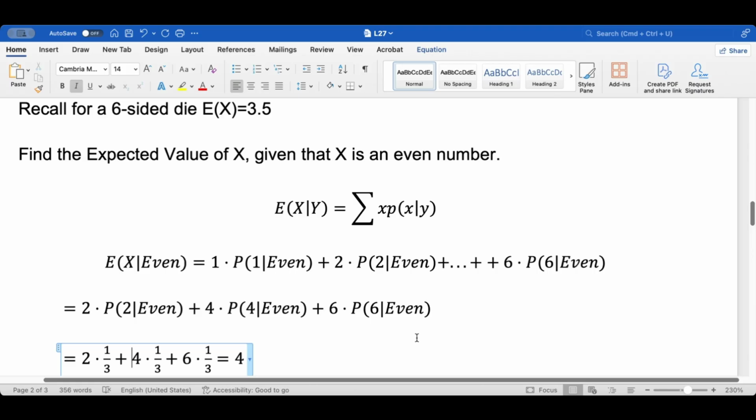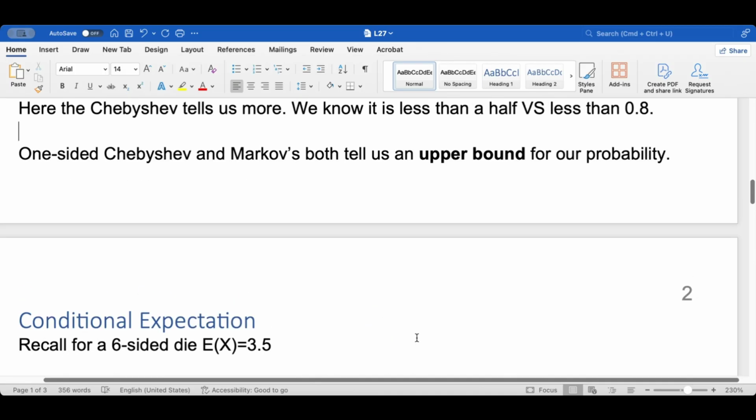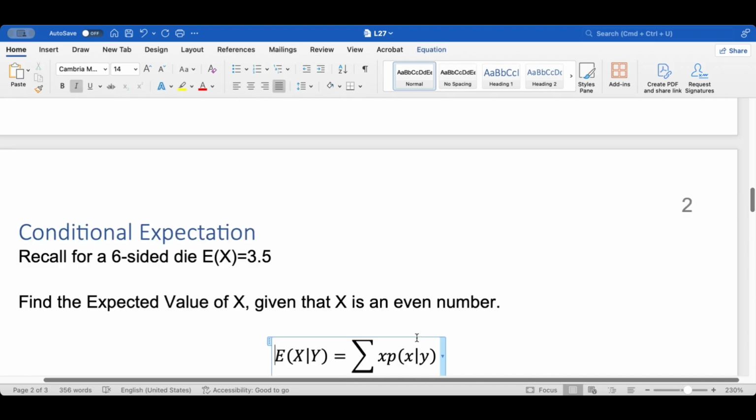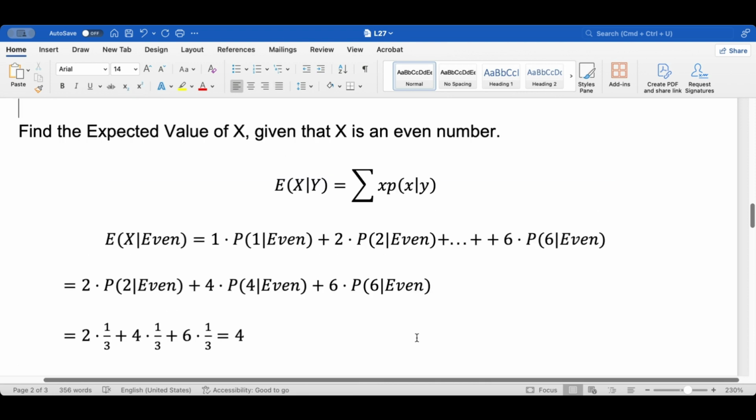They're all 1/3. And so this ends up being an expected value of 4. So we're expecting the face value to be 4, which should make sense because we're basically left with 2, 4, and 6 to choose from.